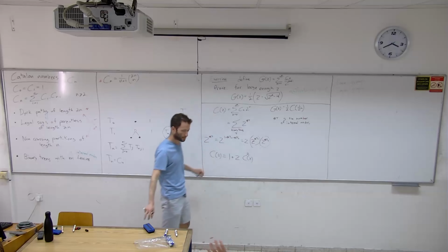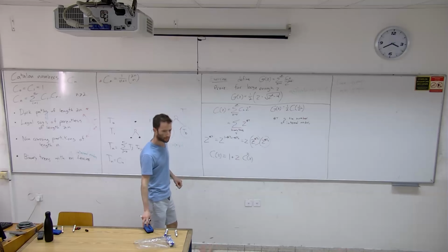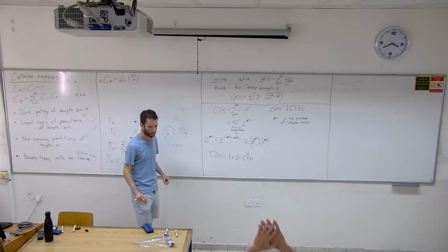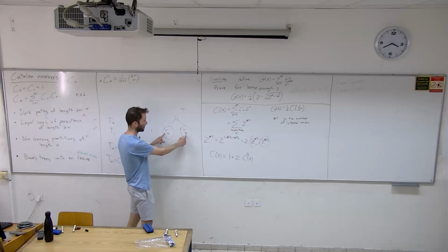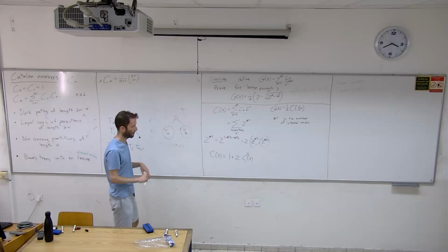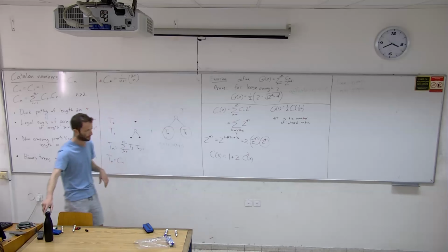Or you could take any TA and any TB, and this would construct a single T. Exactly. Yeah. So for any option for TA and TB, I will construct exactly one.